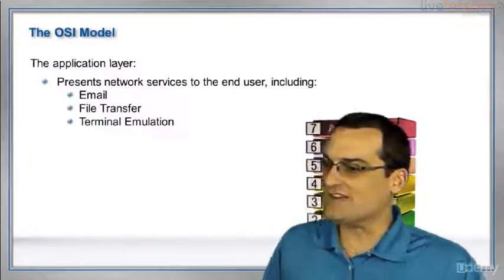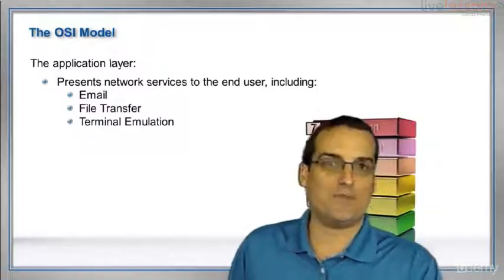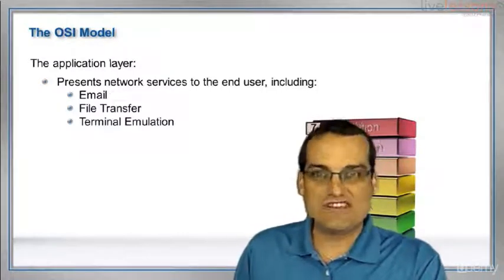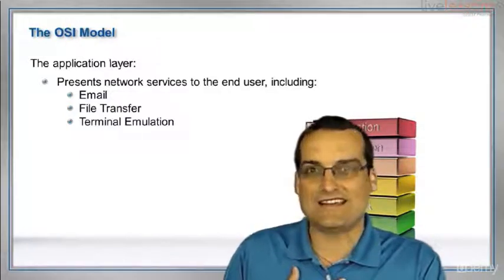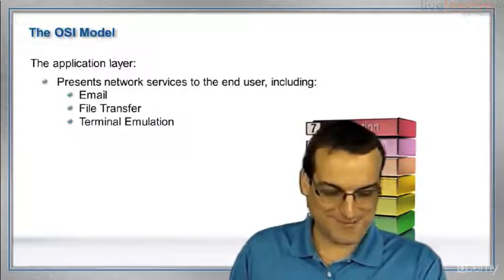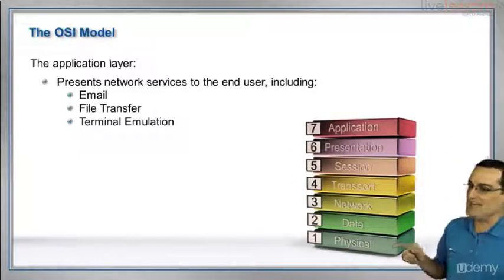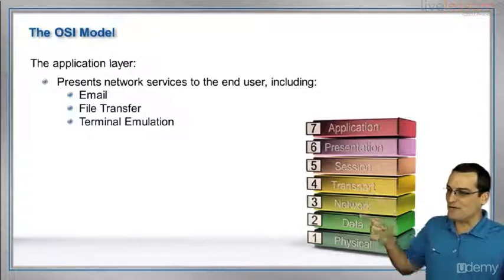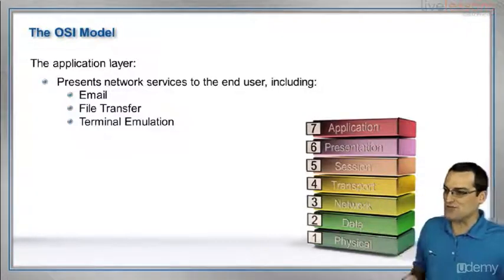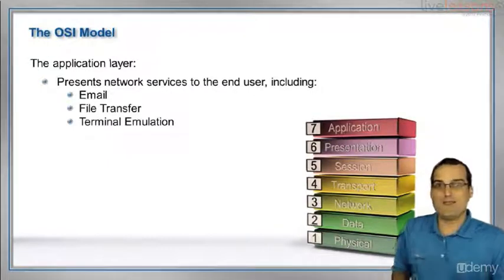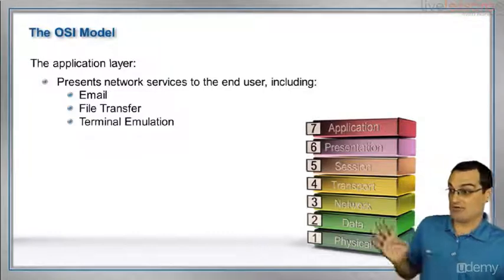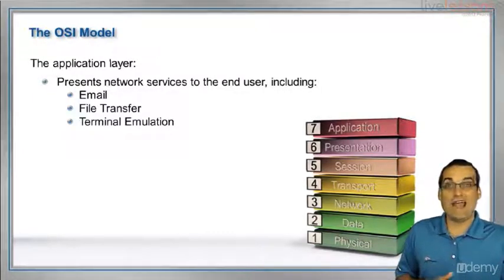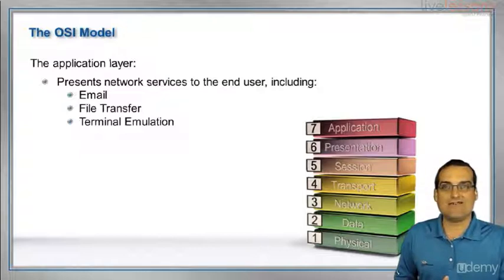So the application layer is certainly where we have the most complexity and the most sophistication, and it's the layer that I interact with the least as a Cisco certified internetwork expert. Again, as I said, I am relegated to dealing with these bottom four layers as I design and troubleshoot Cisco networks. Now, by the way, that is not to say that the application layer isn't important and troubleshooting of the application layer isn't important, and that's not to say that Cisco doesn't get involved with application layer technologies, because they do.